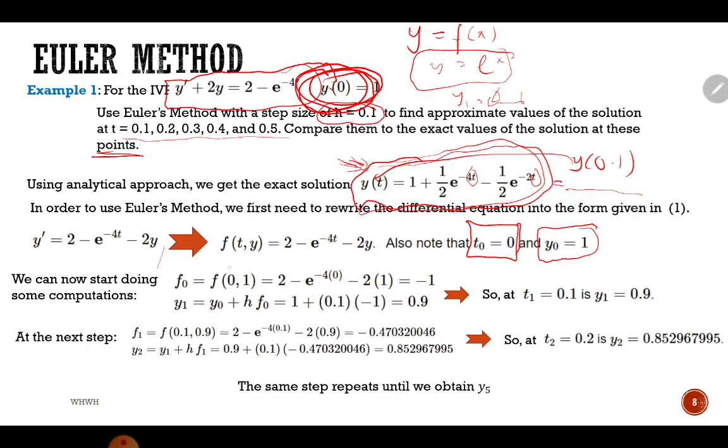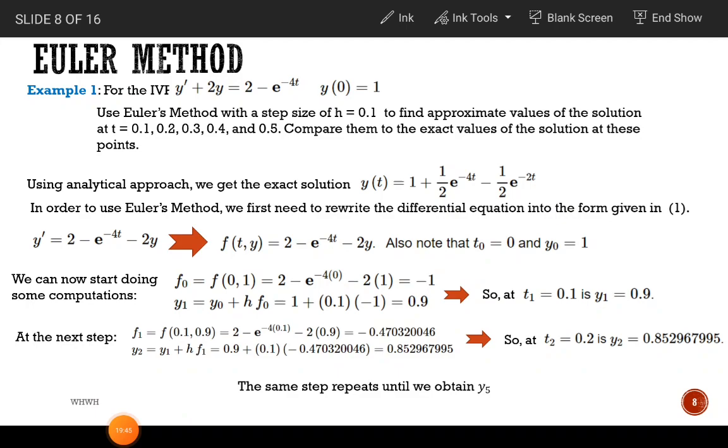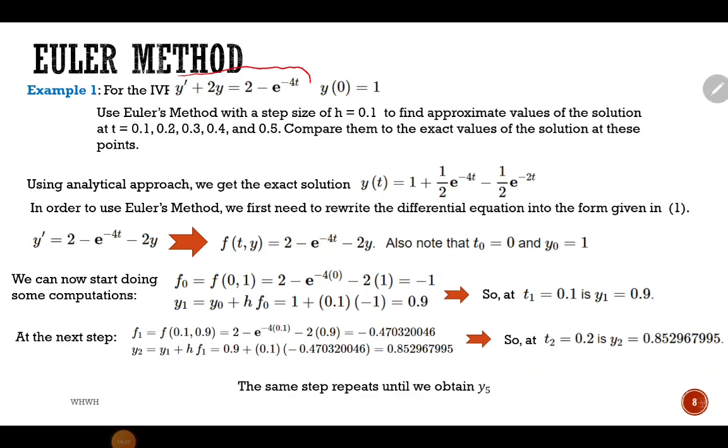Tadi kita ada t sama dengan 0, y sama dengan 1, right? Masukkan dalam function kita ni. Okay, so back to the question tadi. Kita ada y prime plus 2y equals to 2 minus e to the power of negative 4t.